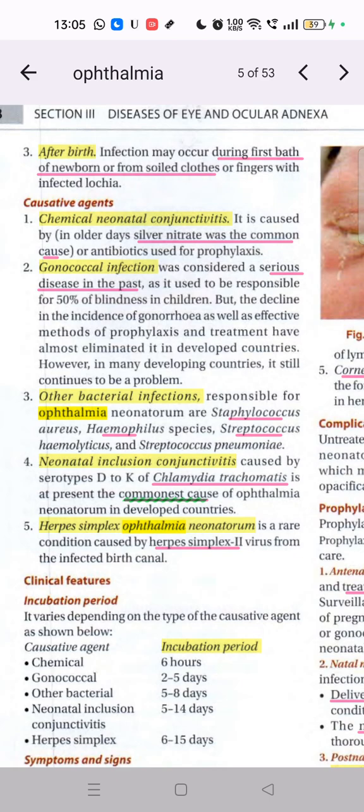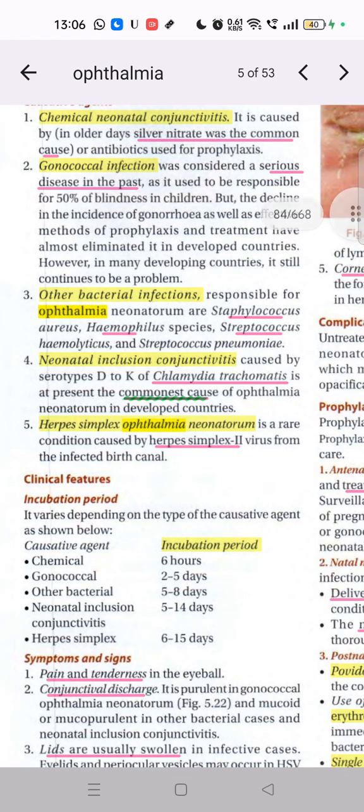Then neonatal inclusion conjunctivitis, which is due to chlamydia trachomatis, and it is at present the commonest cause. Then herpes simplex virus infection. So we need to remember five things: chemical, gonococcal, other bacteria, chlamydia trachomatis, herpes simplex. And the most common cause is chlamydia trachomatis.